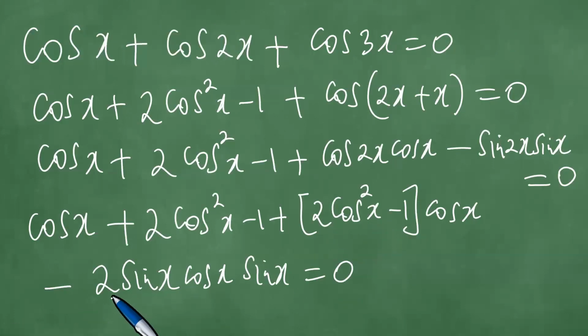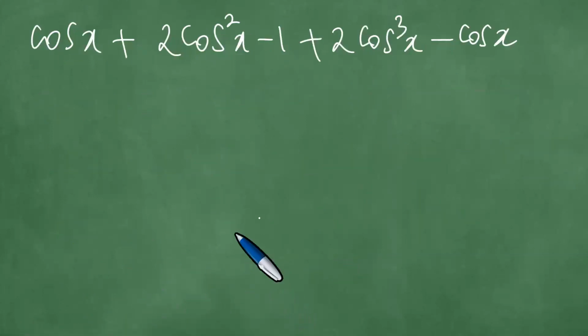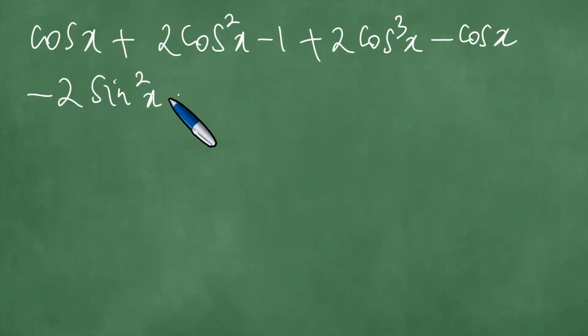Right, here we have sine x times the sine of x, which is minus 2 sine squared x cosine x, and the result is 0.